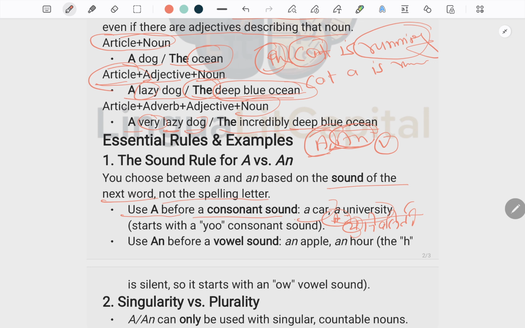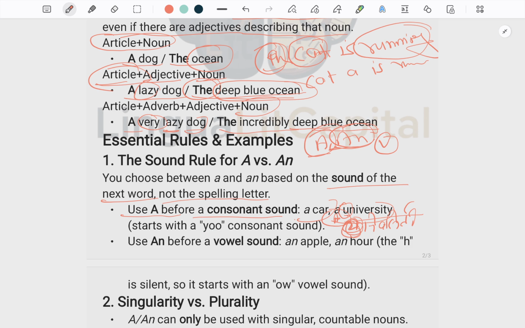You do not go by the spelling of the English word, you go by the sound, whether it gives the sound of a vowel or consonant. This is why the y is known to be a consonant, and why we use a instead of an. Here you can say it starts with a consonant sound.